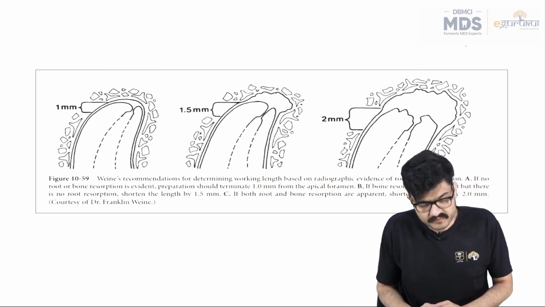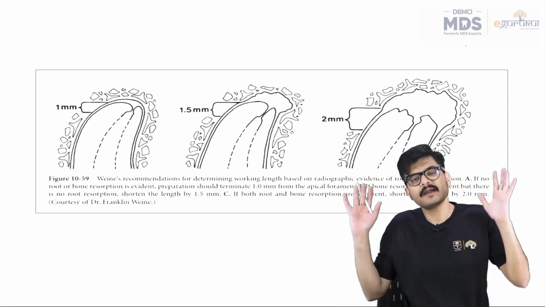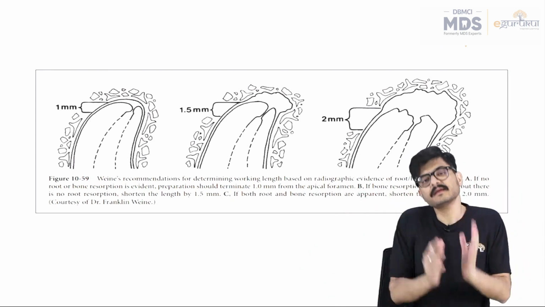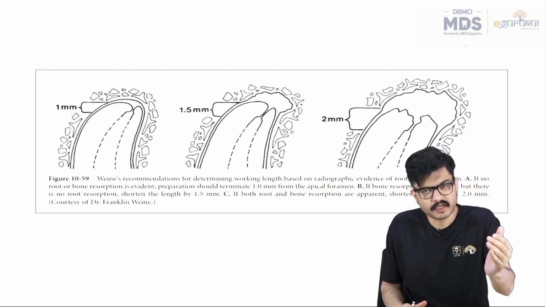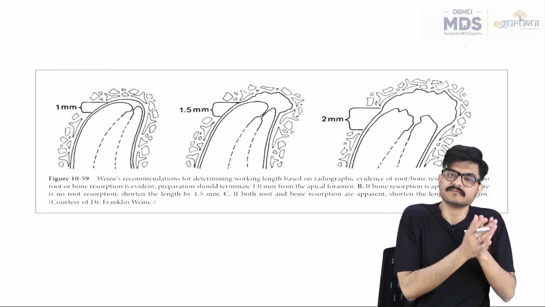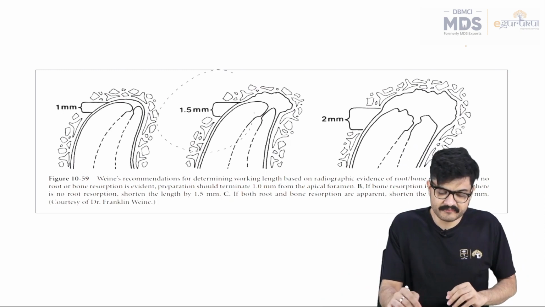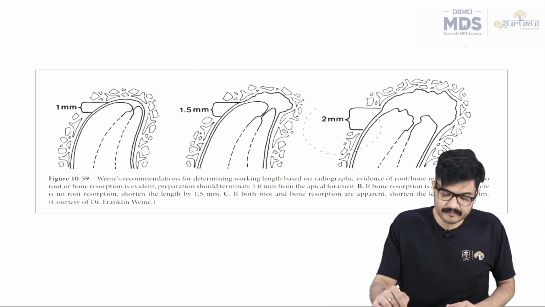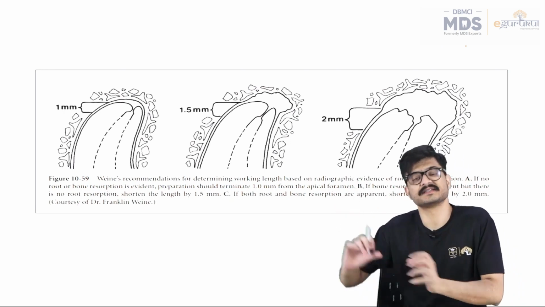It is a modification of the classic X-ray technique, the classic recommendations given by Dr. Engel, in certain added situations: number 1, bone resorption, number 2, bone plus root resorption. So add 0.5 mm and 1 mm respectively. So 1 plus 0.5 mm is 1.5 mm, and 1 plus 1 is 2 mm, right? So that would be the safety margin. So you have to increase your safety margin in such situations.